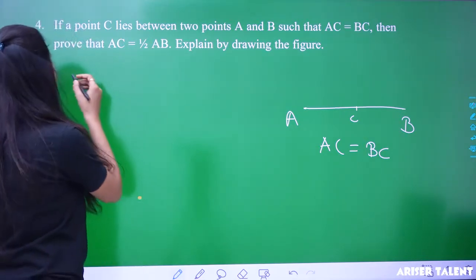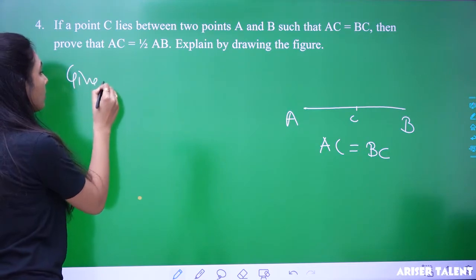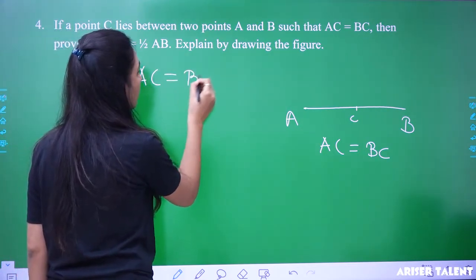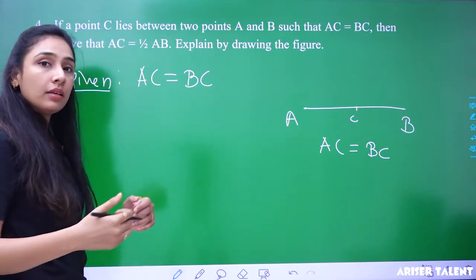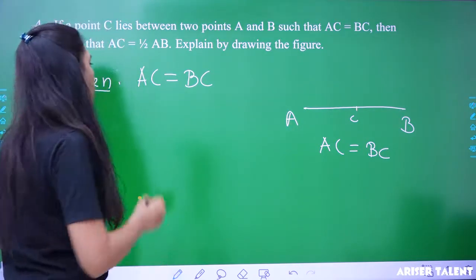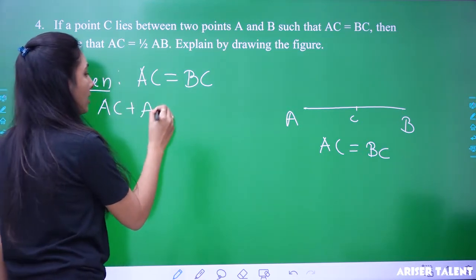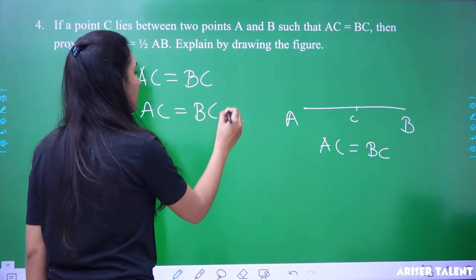Given AC equals BC. I can add AC to both sides. This implies that AC plus AC is equal to BC plus AC.